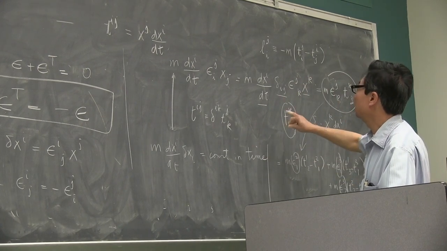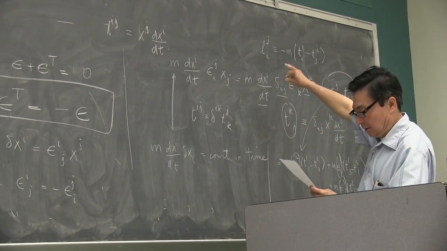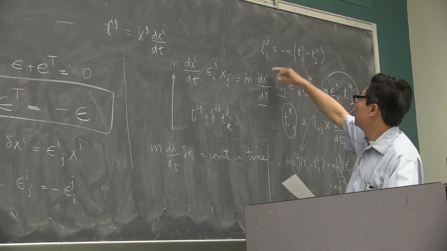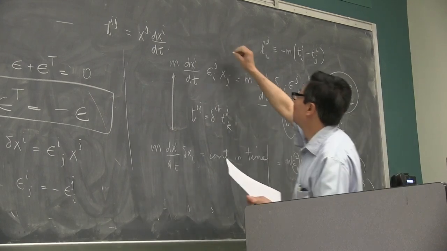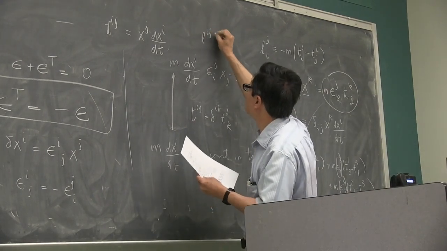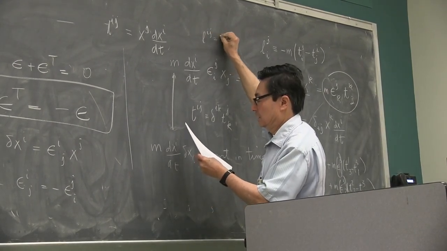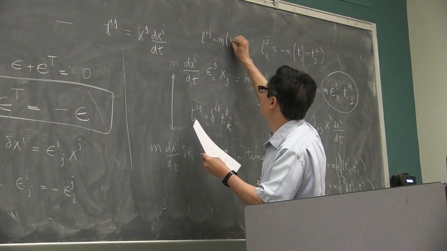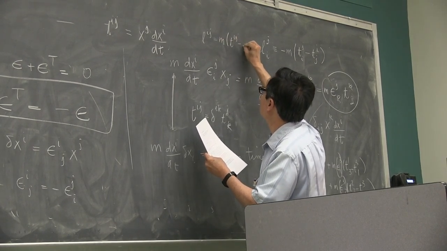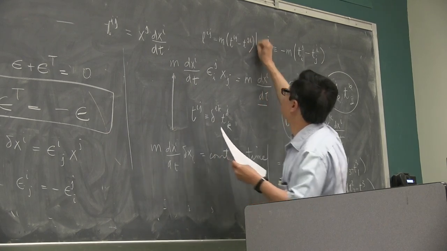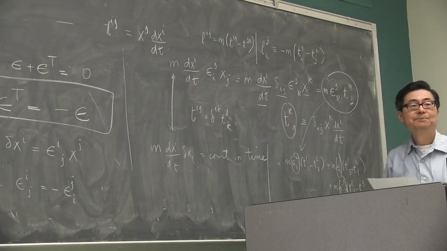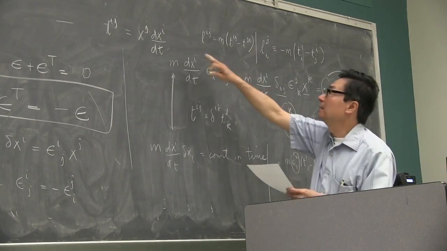So now L^ij, I can similarly raise the index also, right? If I define L^ij by raising an index, I can now write L^ij is equal to m times (T^ij minus T^ji), where T^ji is given by that.